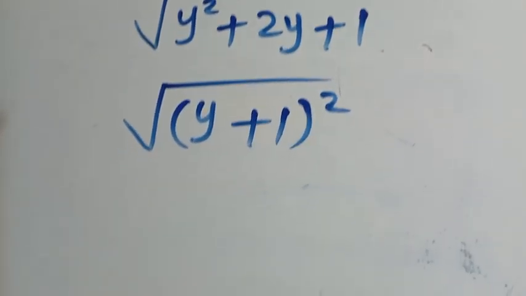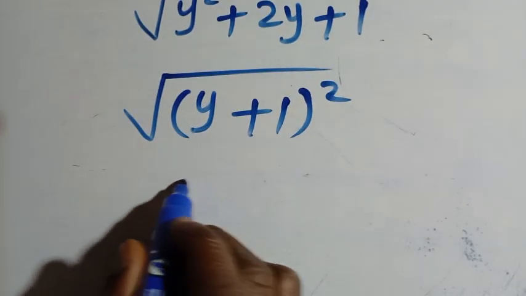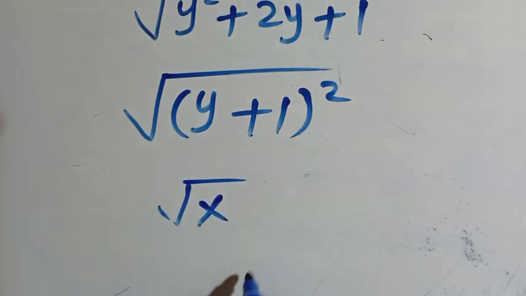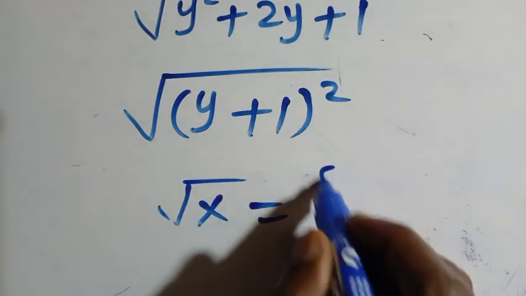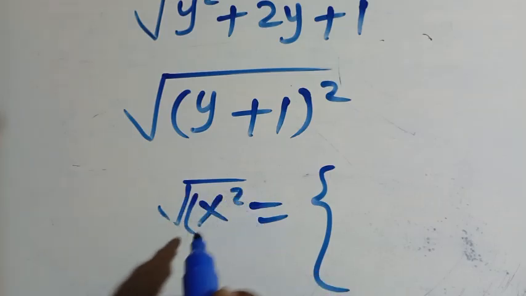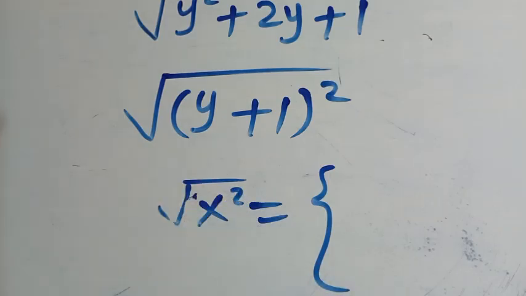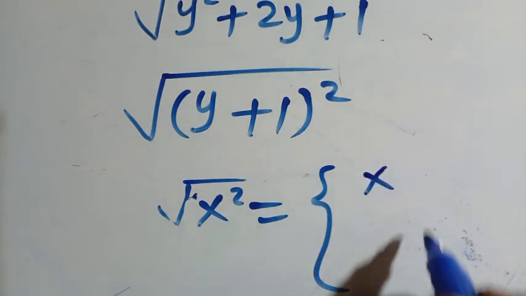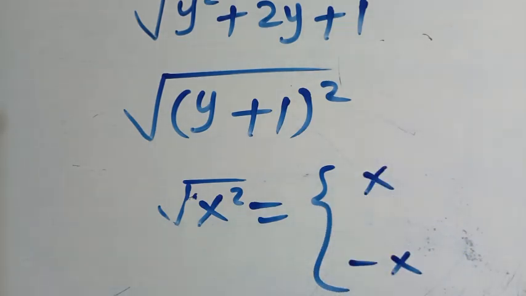And we have to note something: suppose we have the square root of x raised to power 2. This is giving two values, positive x and negative x, and we have to consider these two.